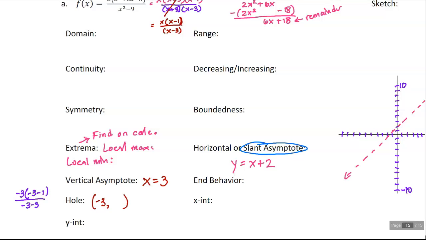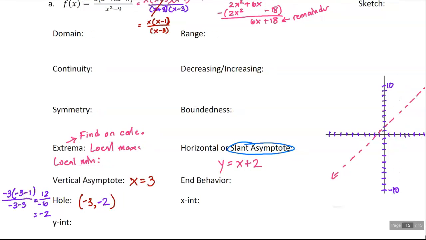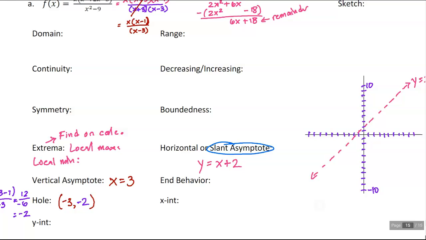So -3 minus 1 is -4, times -3 is 12, over -3 minus 3, that's -6. 12 divided by -6 is -2. So my hole is at (-3, -2).